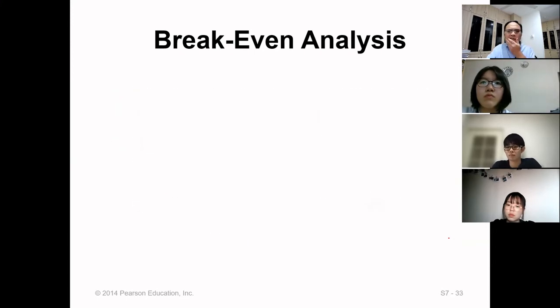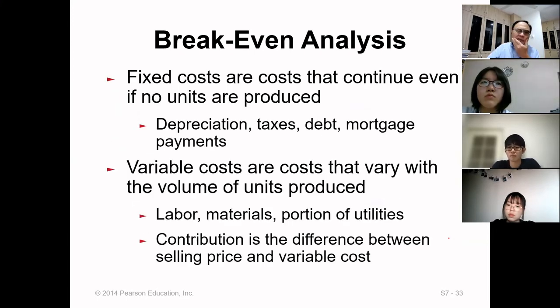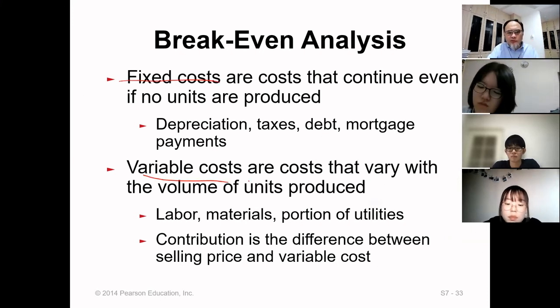Now, very simple. Fixed costs are costs that continue even though units are produced. People in management should know this. Fixed cost, depreciation, you should know. And variable costs vary by the volume of units produced.